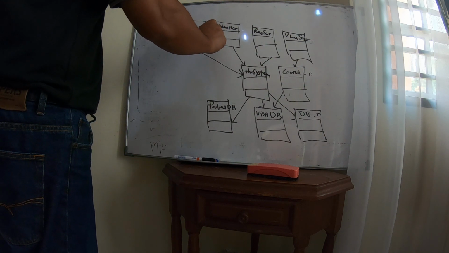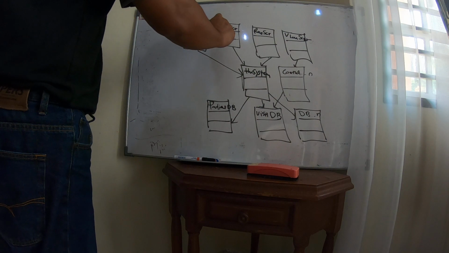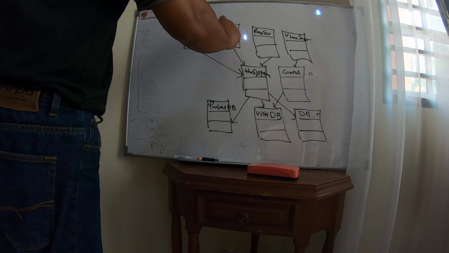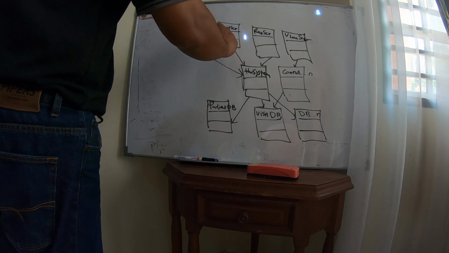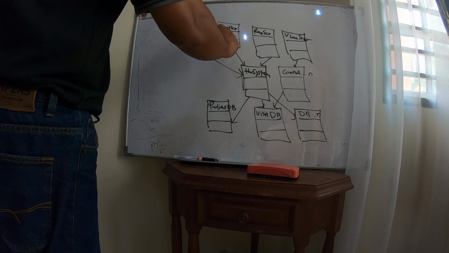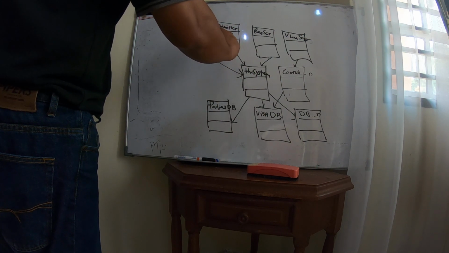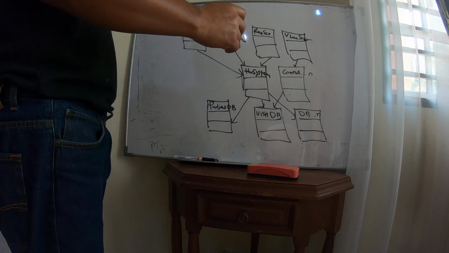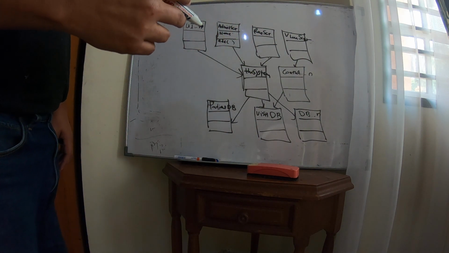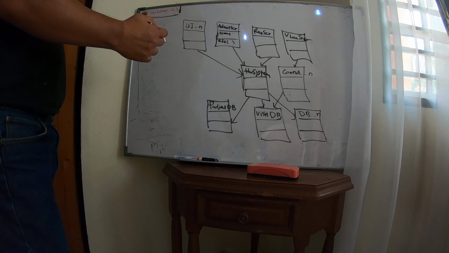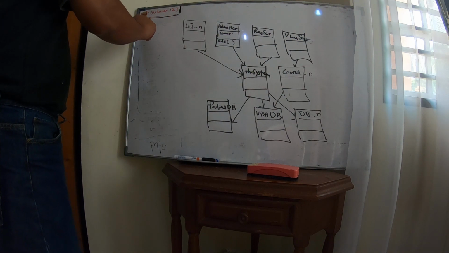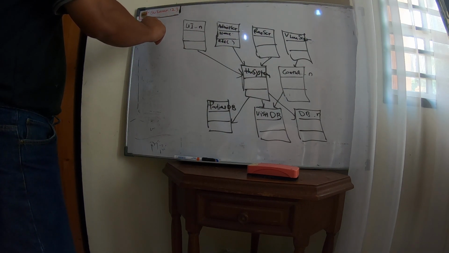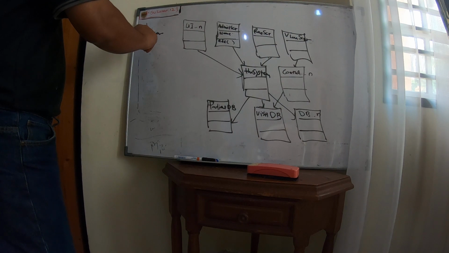I hide the attributes first. Let's say this is a name, this is, let's say, add, and etc. So for the software architecture, let's say you choose the layer architecture.